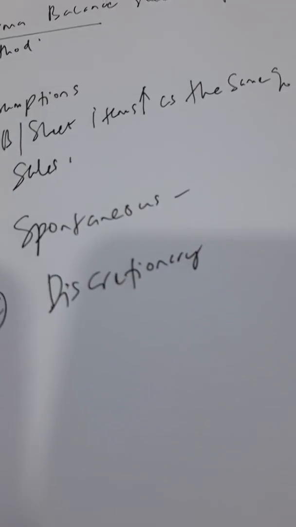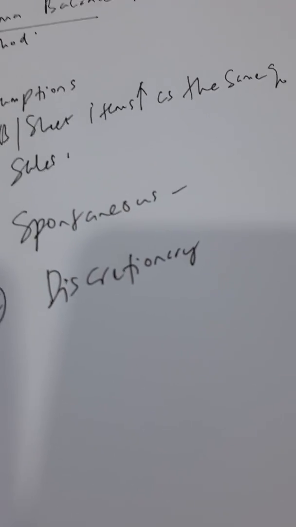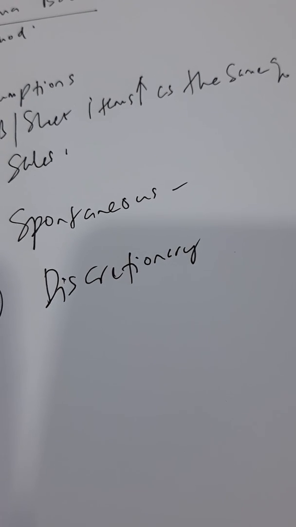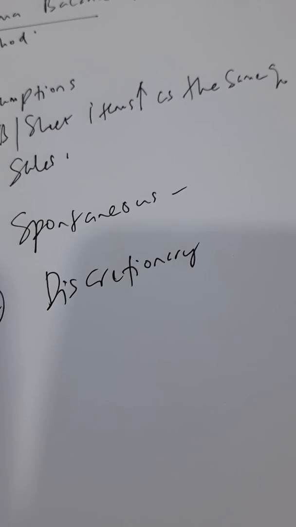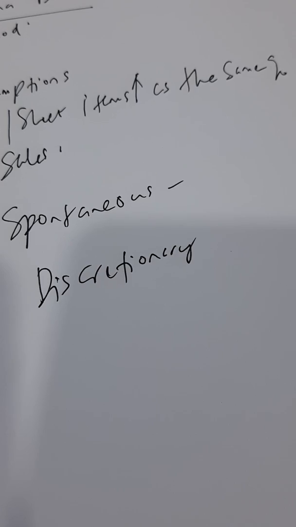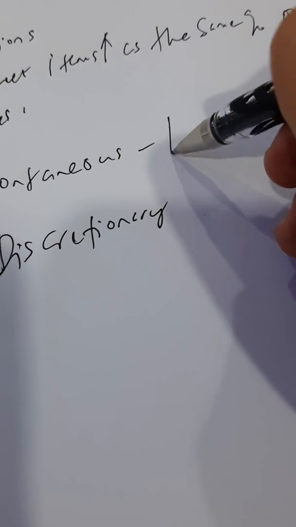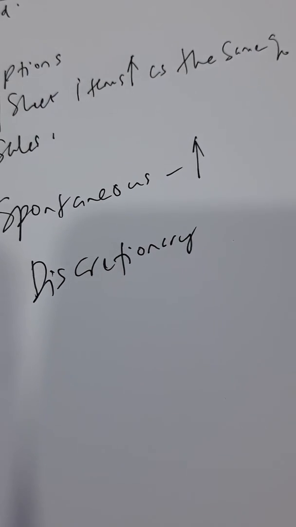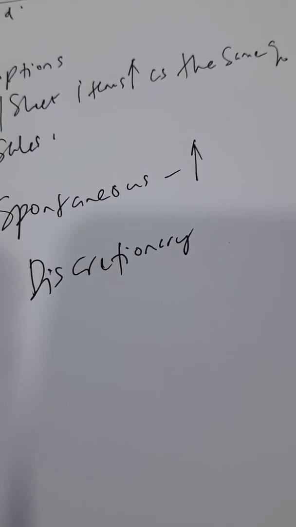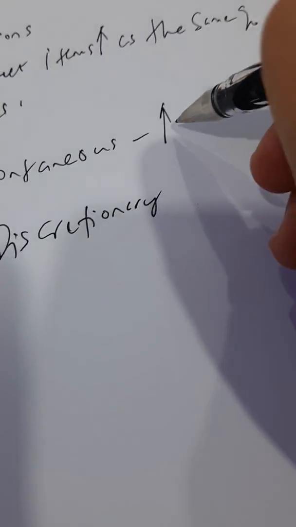Spontaneous, in bahasa Melayu, spontan lah. Spontaneous means the item in the balance sheet will automatically increase with the same percentage of increase in sales. What are some of the spontaneous items?